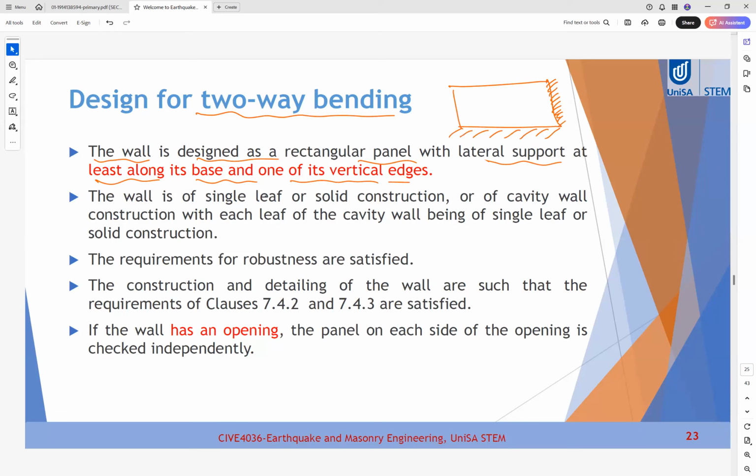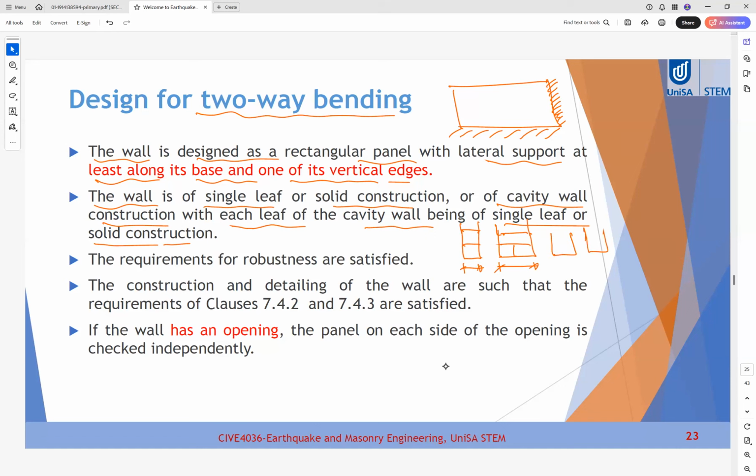So if you have something like that, you will have two-way bending. The wall is of single leaf or solid construction, or cavity wall construction, with each leaf of the cavity wall being of single leaf or solid construction. Single leaf means if we have one wall width, this is two single leaf.